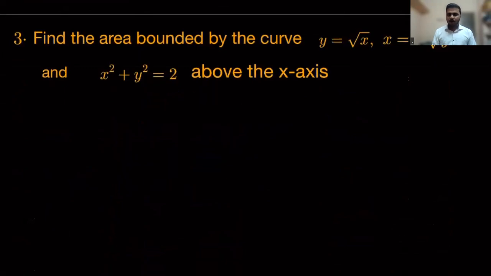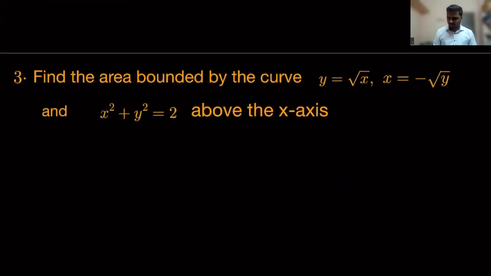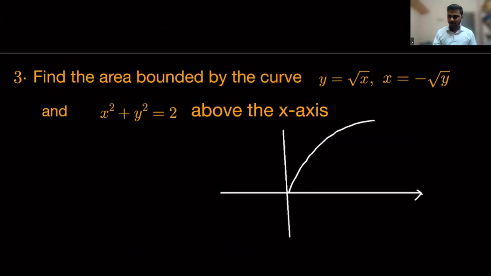So how can we solve this question? First of all, I have to draw all these three curves. Y is equal to root x, you already know the graph of y is equal to root x. This is the y is equal to root x graph. X is equal to minus root y, obviously this is a parabola, but only half part of the parabola we will take.